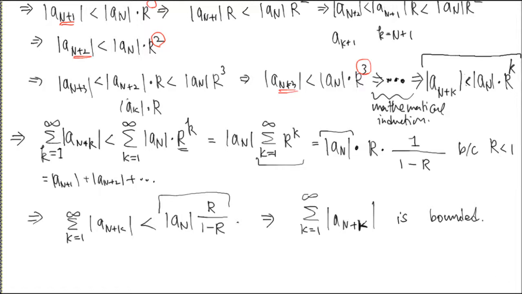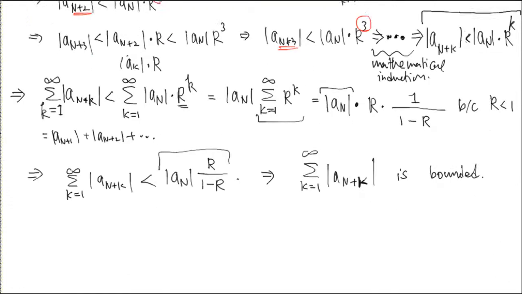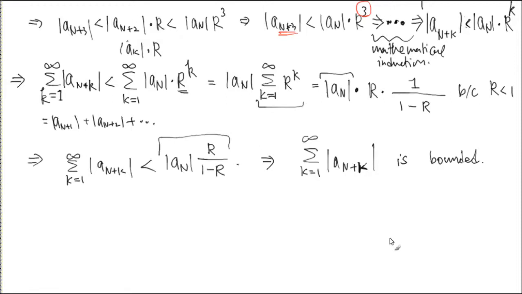We got that part. What is the other part we have to explain? Monotone. Why is this series monotone? What does that mean? This is supposed to be just a number. As we change this to a larger and larger number, what happens to the series? That's the meaning of monotone. Why is this monotone?